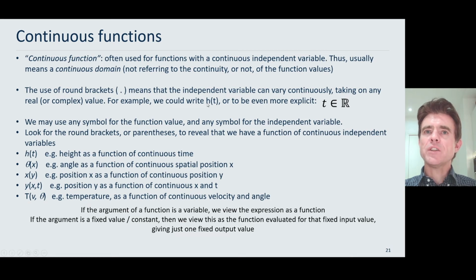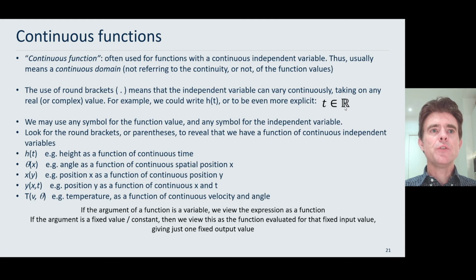So if we had height as a function of time t, then here the t would be a continuous variable. So it'd be an element of the set of real numbers, which vary from minus infinity continuously all the way up to plus infinity. That's in contrast to the case we'll be covering next, which is discrete variables, where, for example, that might just be an integer value, and so cannot take on arbitrary values.